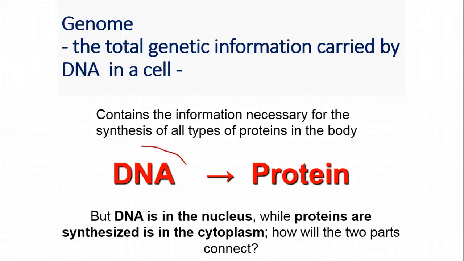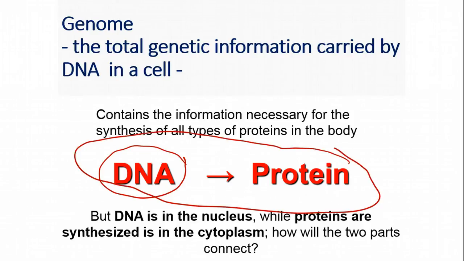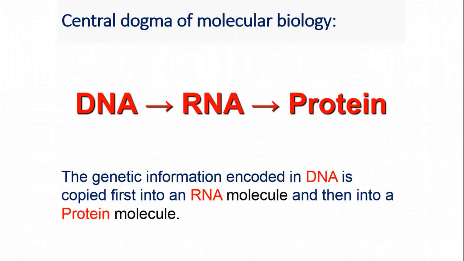DNA is in the nucleus, surrounded by a bilayer membrane, while proteins are synthesized in the cytoplasm, which is the rest of the cell. So the question is, how do we get the information encoded in DNA out to the cytosol so that that information can be translated into a protein? And the answer to that question is RNA. RNA is the intermediary between these two molecules.